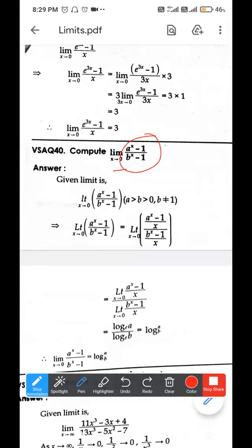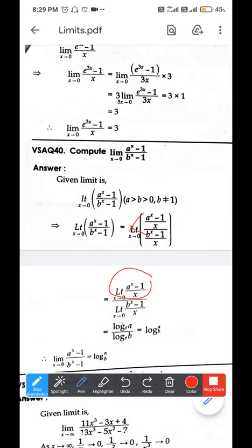Remember that formula. Okay, we are applying that formula. So what we are doing is multiplying and dividing both the numerator and the denominator by x. This x and this x can get cancelled. That is the reason we are multiplying and dividing. After that, we are applying the limit.